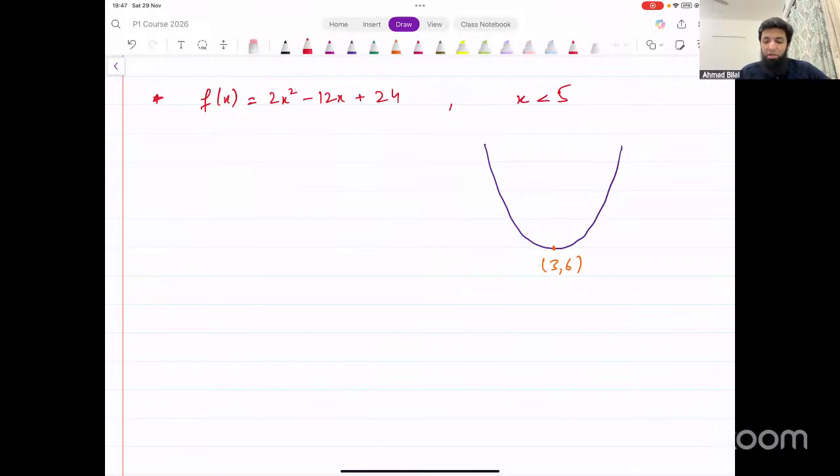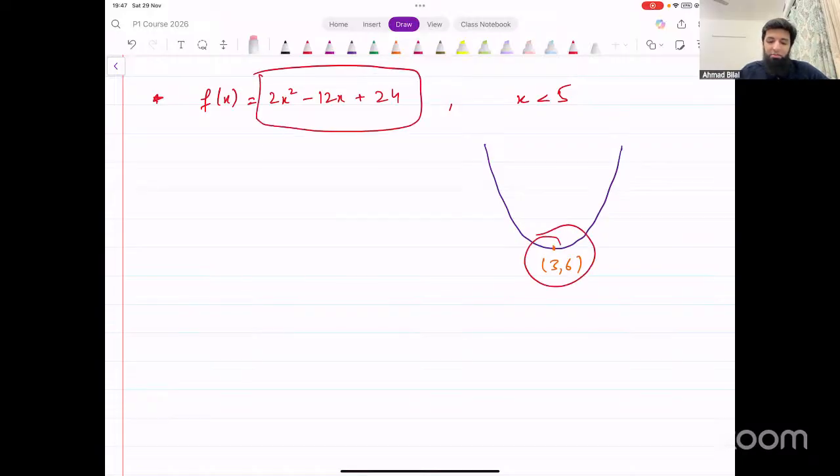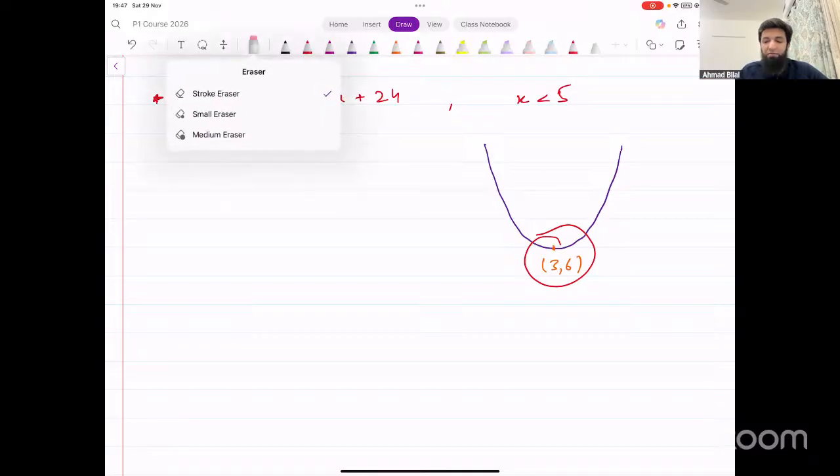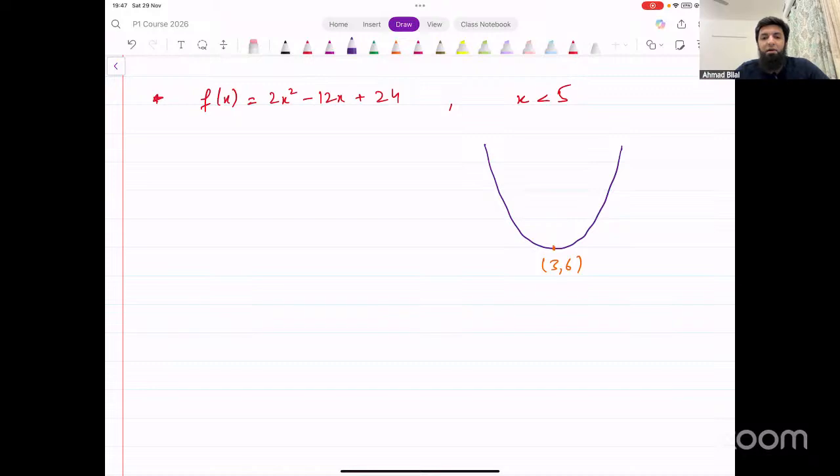Again, remember the turning point is the same because it's the same expression. I have not changed that. So this U-shaped graph would have the same turning point. But now the domain is x less than 5. Can you think of what the range of this function would be?